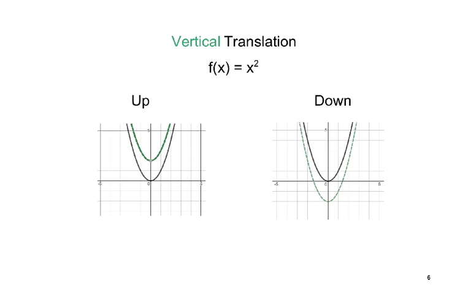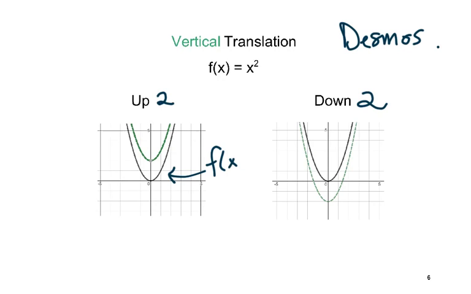So lastly, I did a rough sketch, but if we were to graph this on Desmos.com, we would get 2 graphs that look just like this. Again, we went up 2 and down 2, and our f of x is our black graph right here.